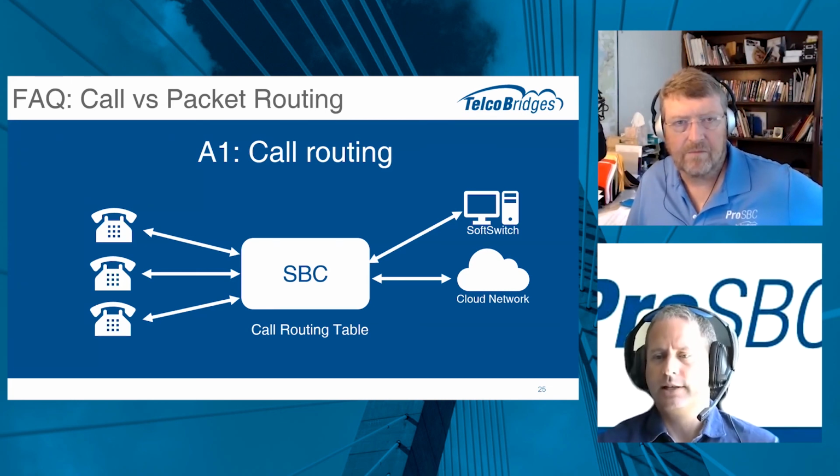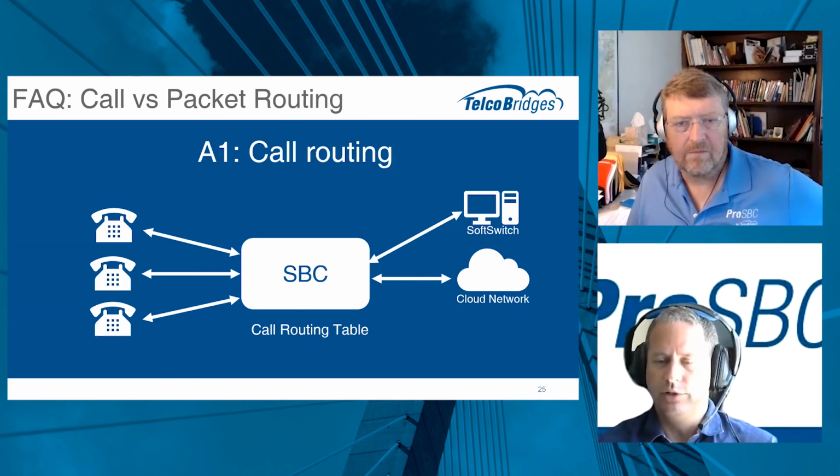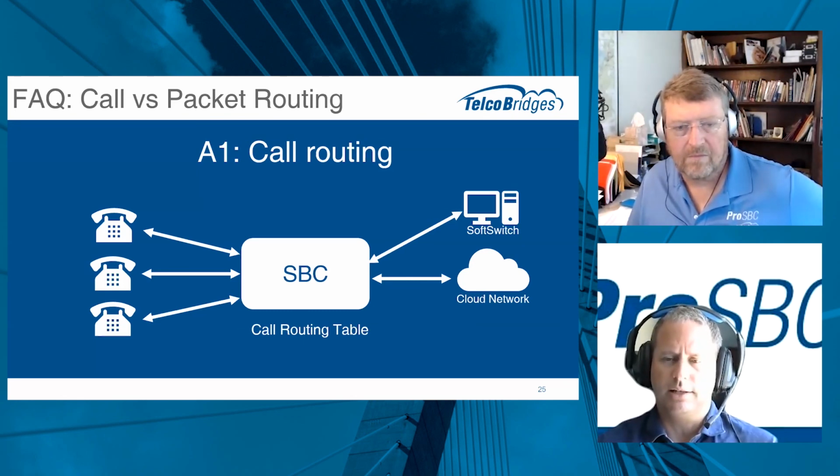Once the call is established, the call can go through the system. Alternatively, instead of using the internal call routing table, you can also use an external service like a RADIUS server or a SIP redirect server. This will choose the routes, but it's only for calls, right? SIP calls going through the system.